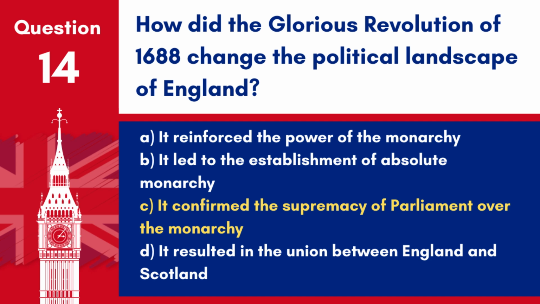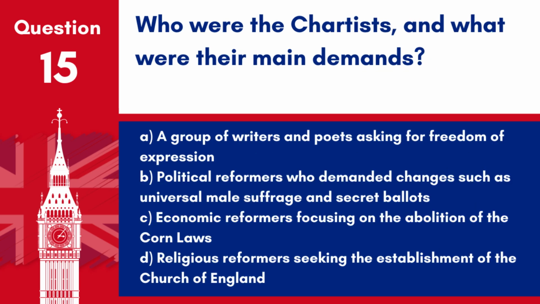The Glorious Revolution of 1688 was pivotal in changing the political landscape of England by confirming the supremacy of Parliament over the monarchy, leading to a constitutional monarchy where the monarch's powers were limited by law and Parliament. Question 15. Who were the Chartists and what were their main demands? A. A group of writers and poets asking for freedom of expression.